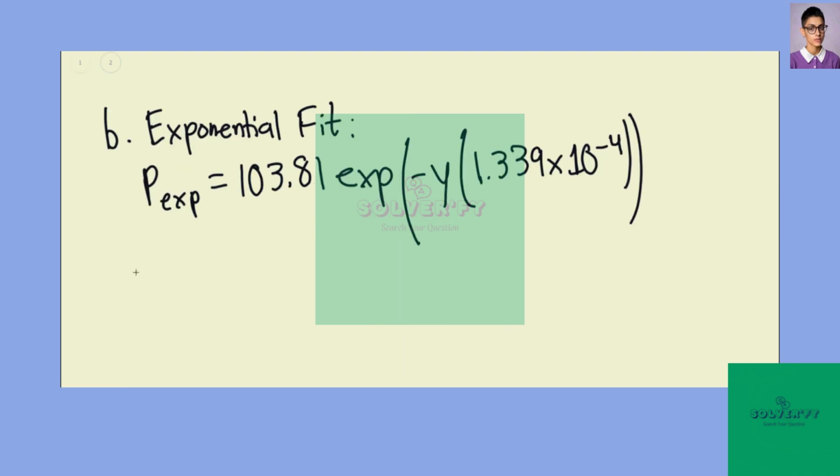And then for part C, they want us to find the percent difference at 8,611 meters.